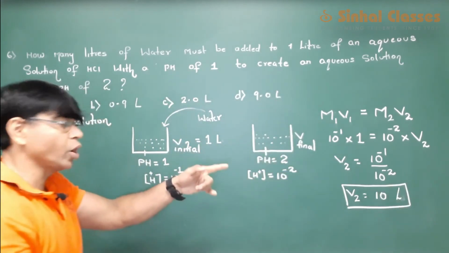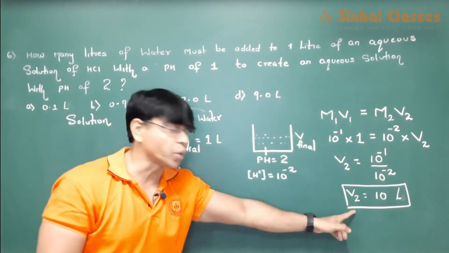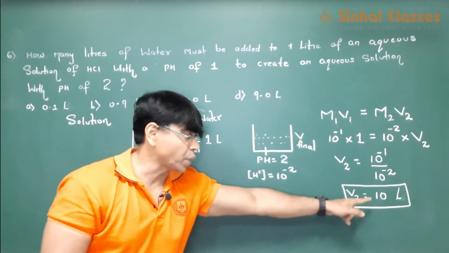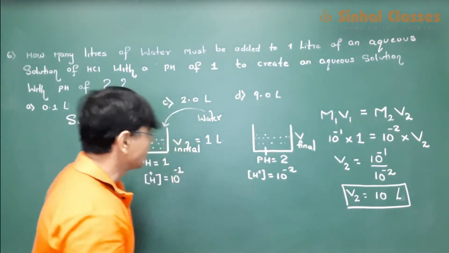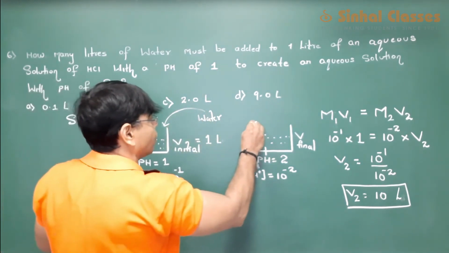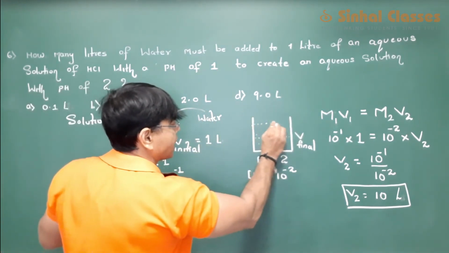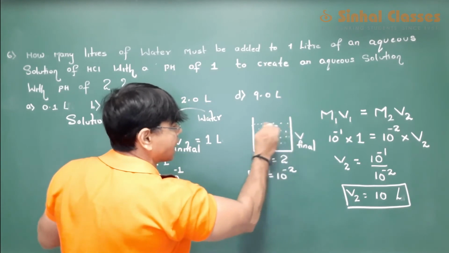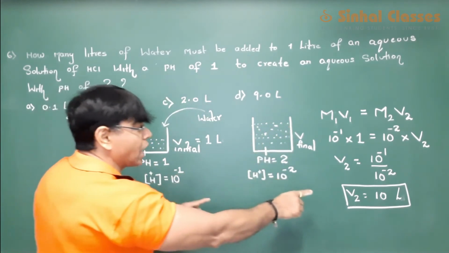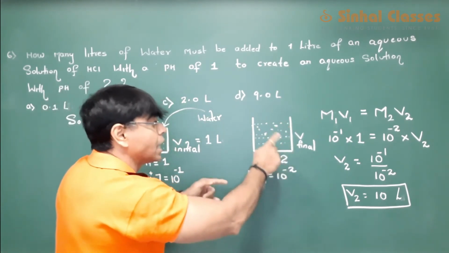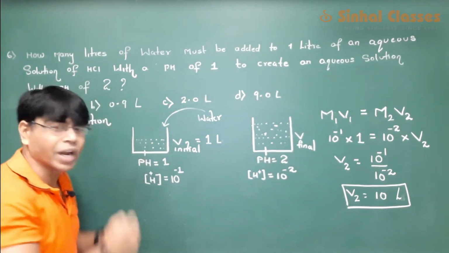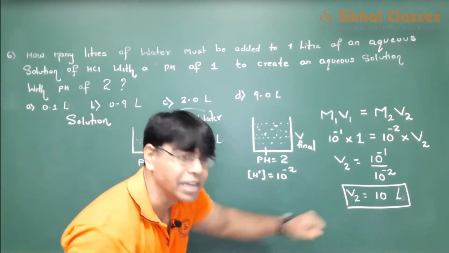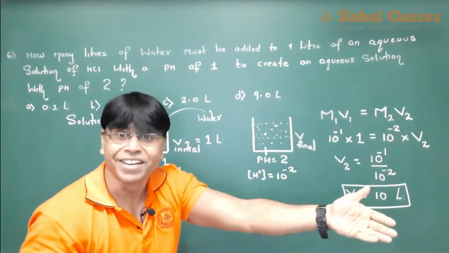Now, final volume is 10 liters, remember. Students directly try to write the answer 10 liters, but that's not the correct answer. That means after adding water, the volume has become 10 liters. But they are not asking you what is the final volume. They are asking you how much water you have added. Now already there was 1 liter. Final volume is 10 liters. So how much is the water added?